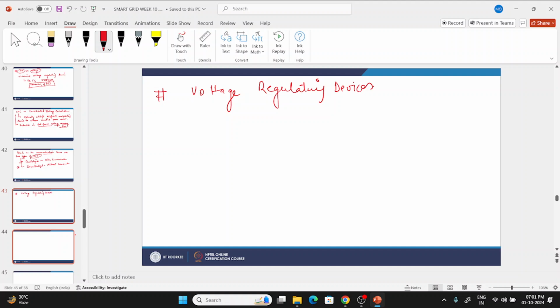There are various types of voltage regulating devices. First one is OLTC. Okay. OLTC.